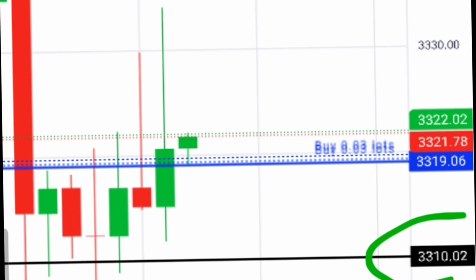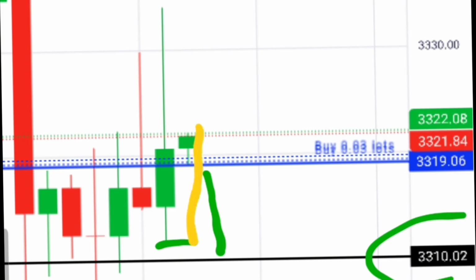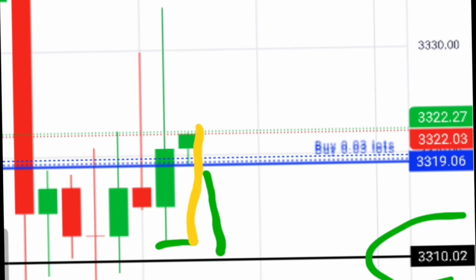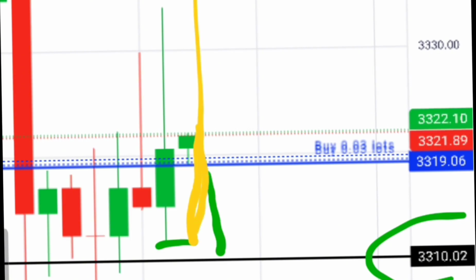Now the whole of this is a room for our trade to breathe. This is where the former candle stopped. It is very possible that this new candle can come down and reach this zone. Even coming down to reach this zone and still reverse and end at bullish, it is very, very possible.